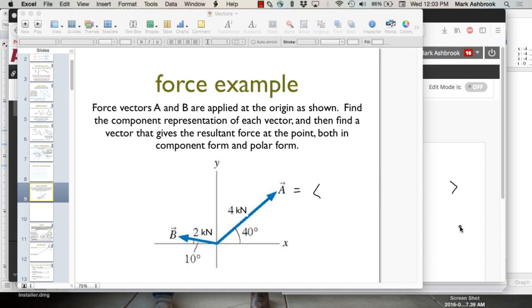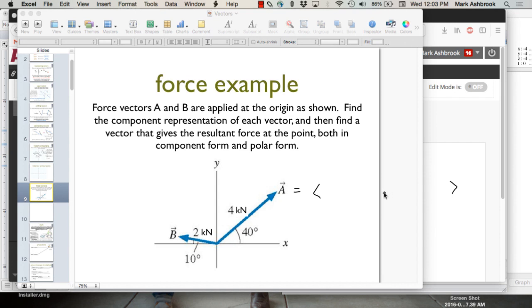Okay, so if I didn't have a calculator, how could I express the component form of A? Jake, did you get that? If I didn't have a calculator, how could I express that? What you could do for the first one would be, the y component? Yeah.